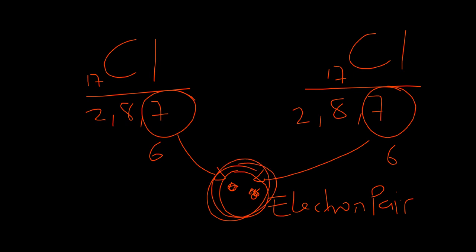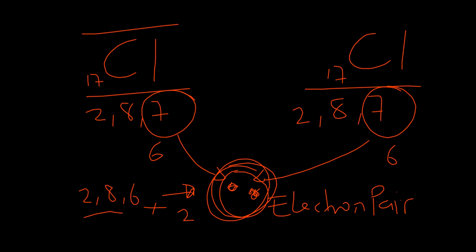So look at what is going to happen. The first chlorine has 2, 8, and 6. If it's going to share with the other one, it would have 2 from here. So you have 2, 8, then the 6 plus the 2 will give you 8.